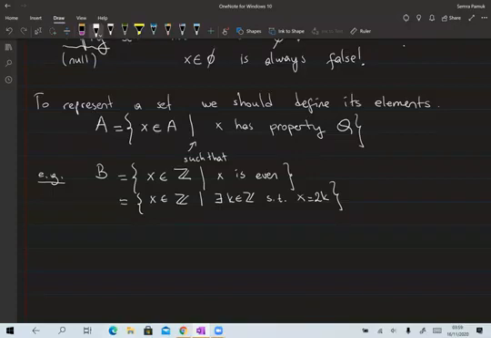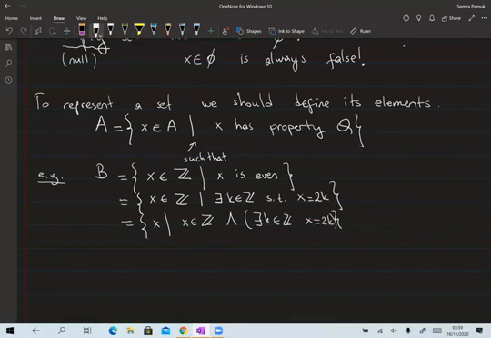Or what else can we say? We can also write it like this: the set consists of X, where X is an integer and there exists K in Z such that X is equal to 2K.